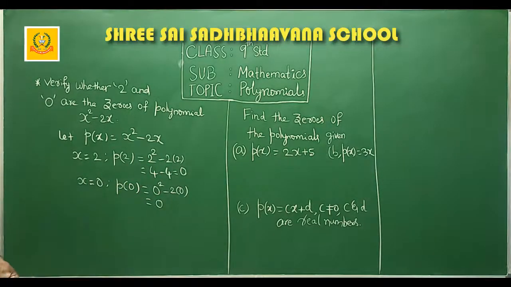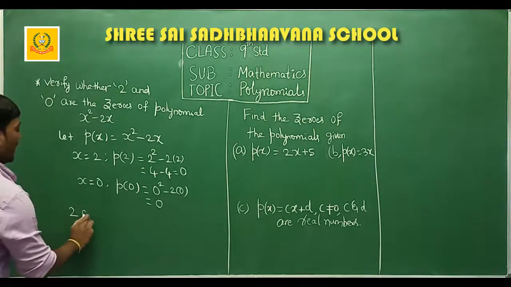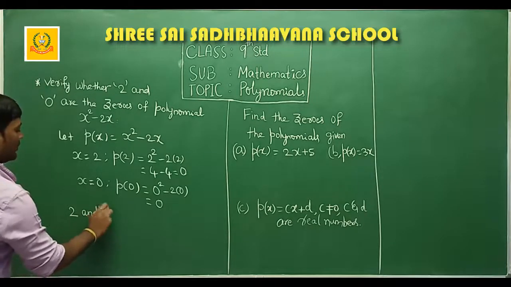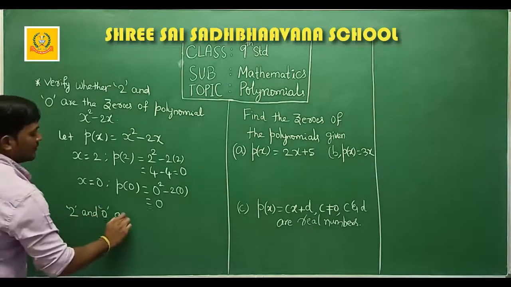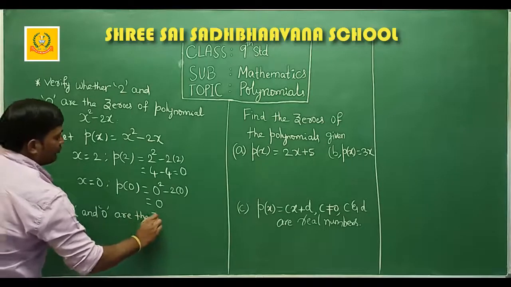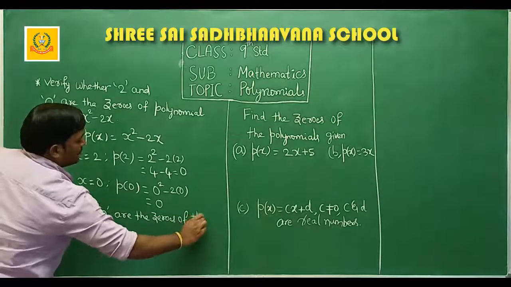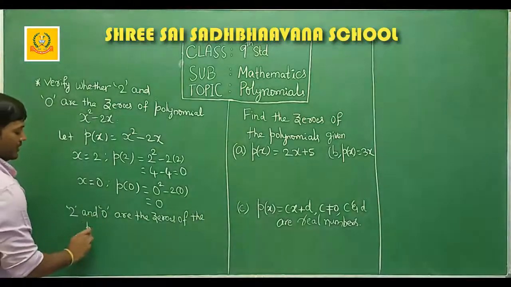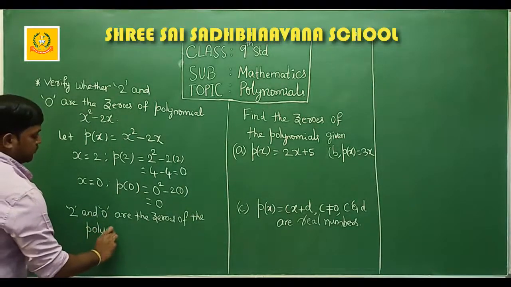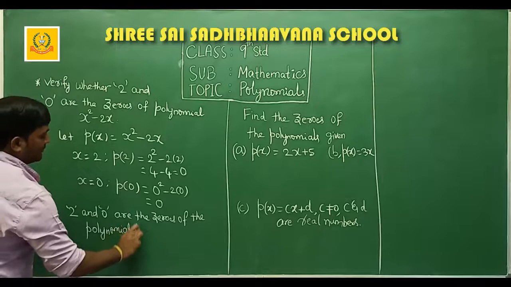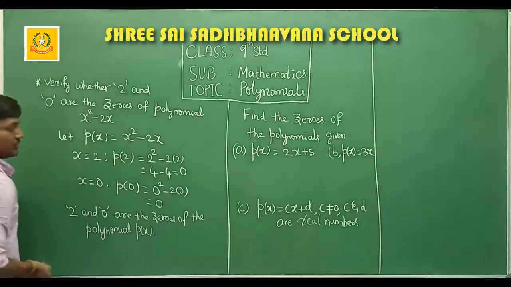So we will get 0. So here we can conclude that 2 and 0 are the zeros of the polynomial p of x. I hope you understood this.